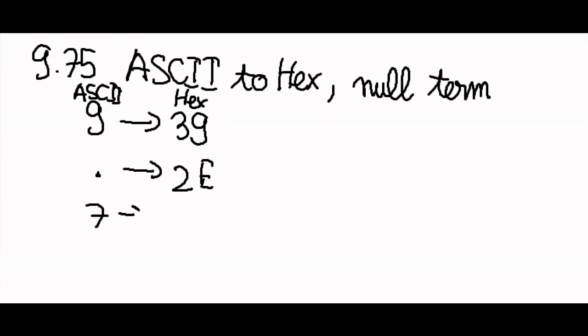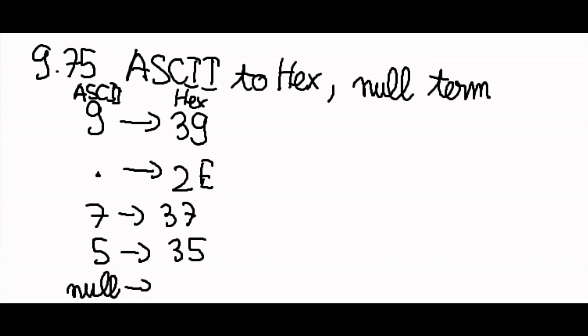For 7, it's 37. For 5, it's 35, and for the null, it is basically just 0, 0. And so we can write the hexadecimal conversion down, and that will be the answer of our exercise.